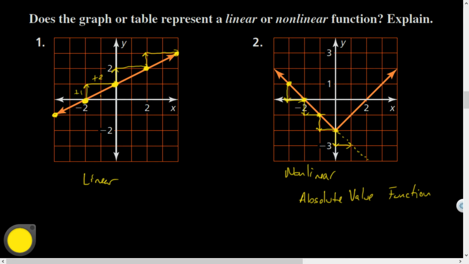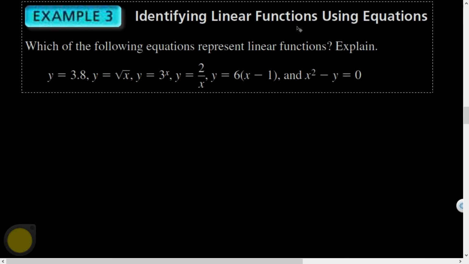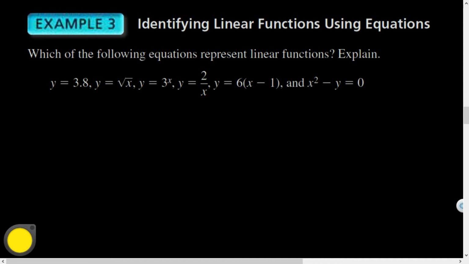Identifying linear functions using equations. Example 3: Which of the following equations represent a linear function? Explain. Okay, y equals 3.8. If I think about that as a table, x is 1, 2, 3, 4, and y is just 3.8 no matter what: 3.8, 3.8, 3.8, 3.8.